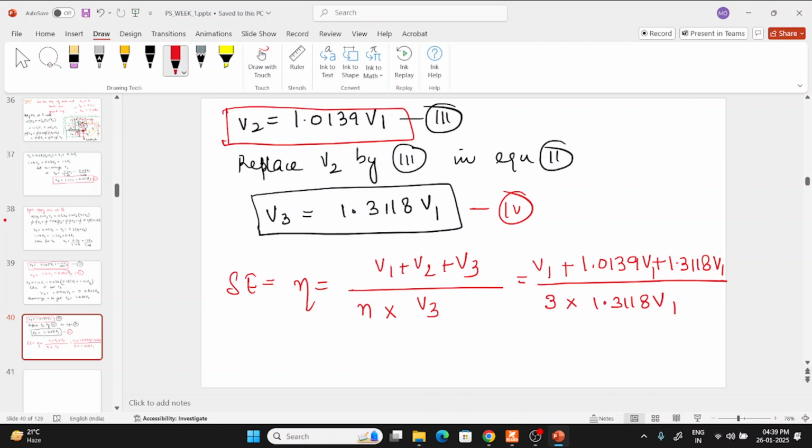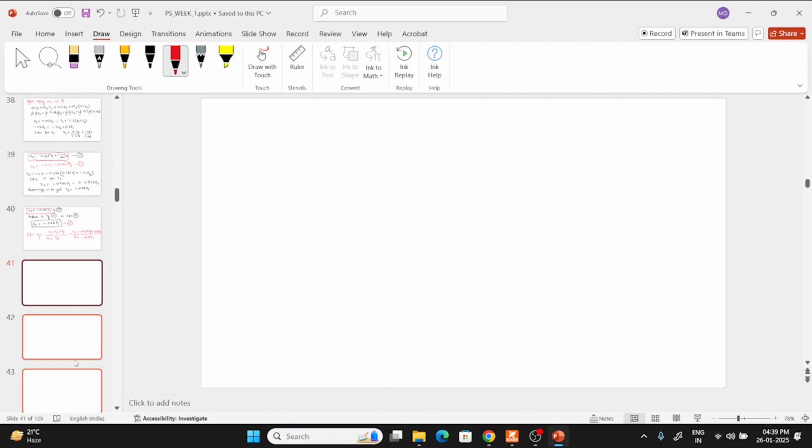So eta, the string efficiency, now give me the value of V1 by adding all those. Write it in the chat box. And also multiply 3 into 1.3118 V1. Give me that value. First of all, give me the value of the above.